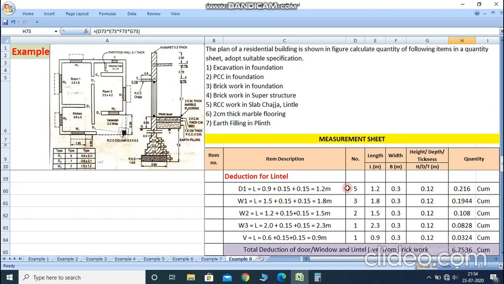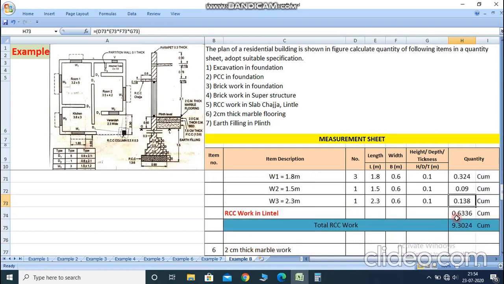So we deduct the lintel, but in the same portion we fill it in as lintel work. So 6.7536, the same answer we write here, 6.3536 cubic meter. Clear? So the total of all the RCC work is 15.022 cubic meter.